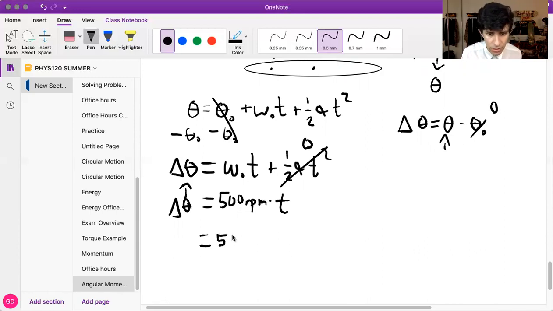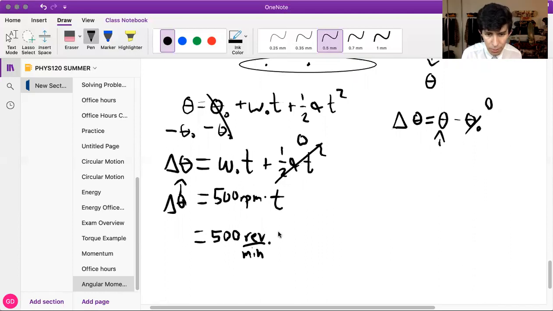So 500 rev per minute. Because this is in minutes, for your time, you don't want to convert 3 minutes. Keep 3 minutes in minutes. So plug in 3 and put minutes, because you can see that's going to cancel out the minutes. If you have it in seconds, that's not going to cancel out with the minutes. This will though. So I did not convert the 3.